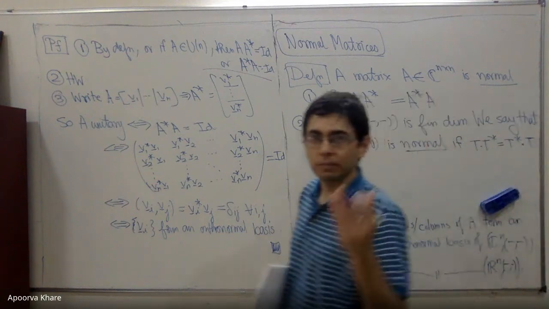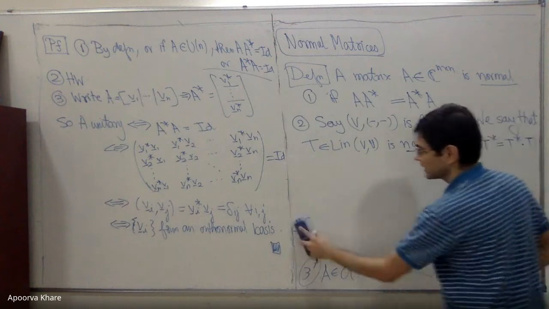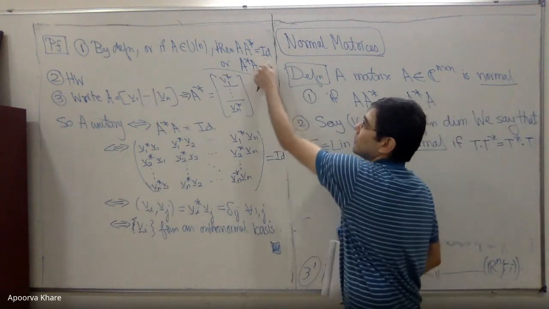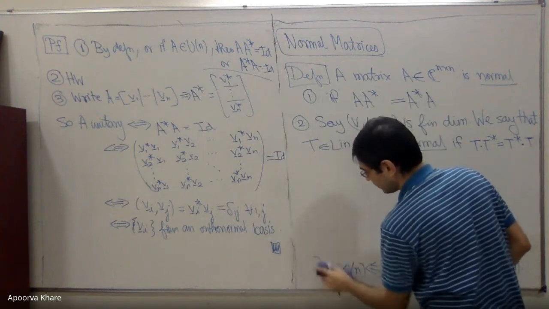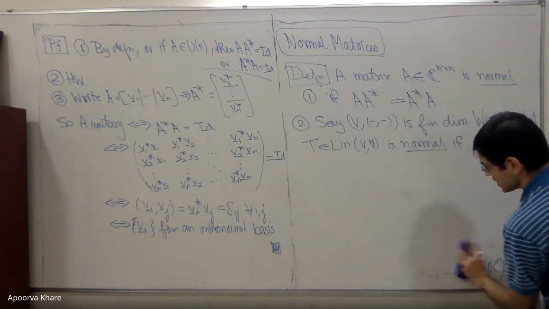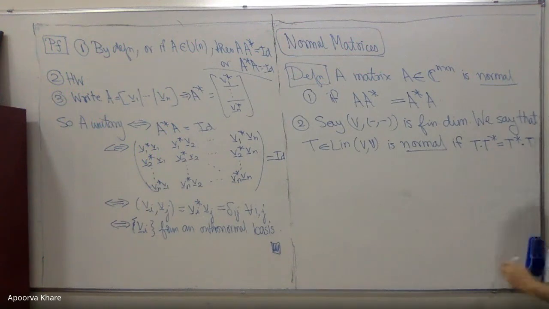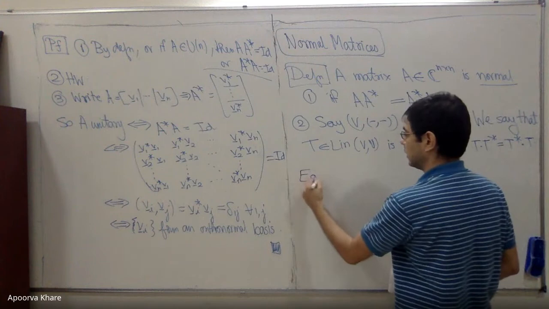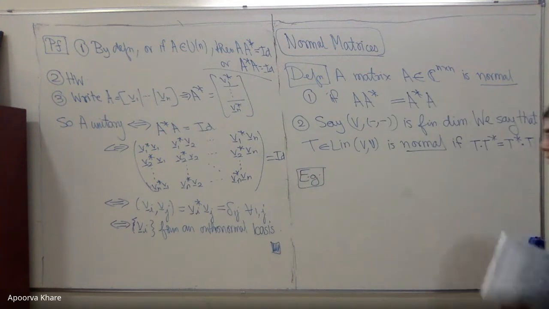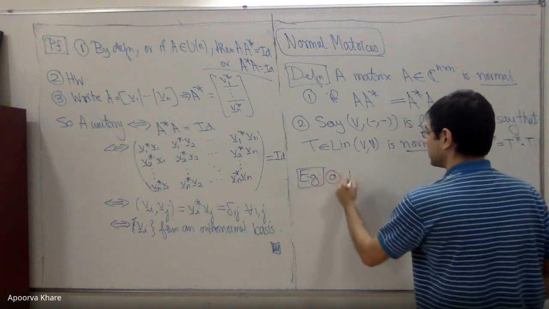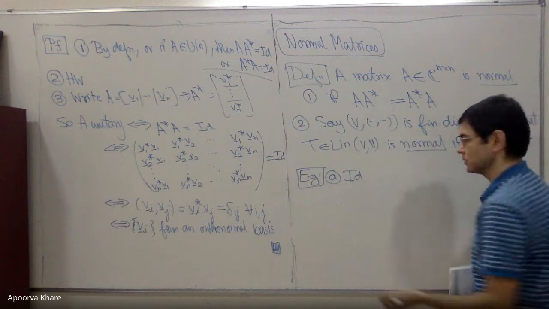These are the definitions. Let me give you some examples. So for example, unitary matrices are normal because both the products are identical. So let's do a bunch of examples. First of all, the identity map is normal because the identity times identity star is identity.